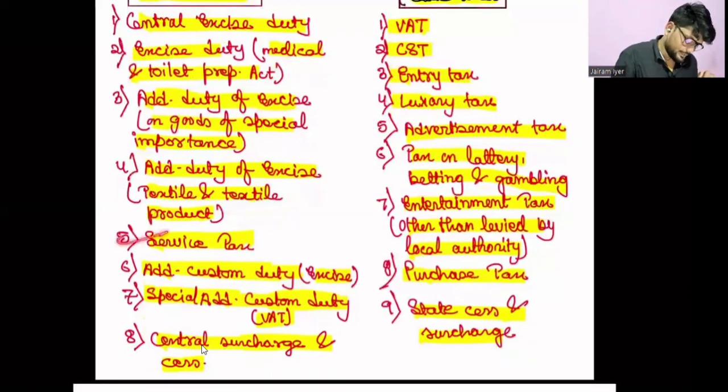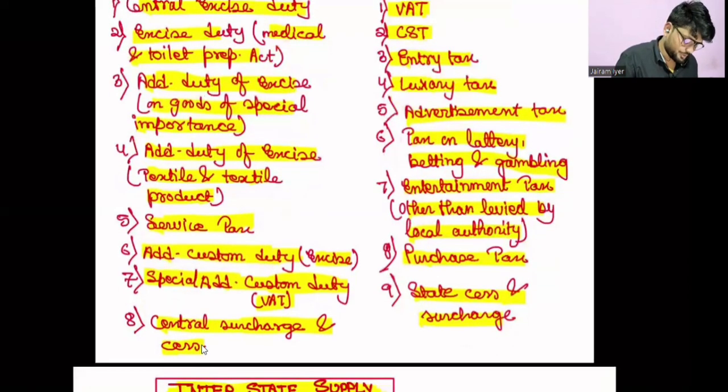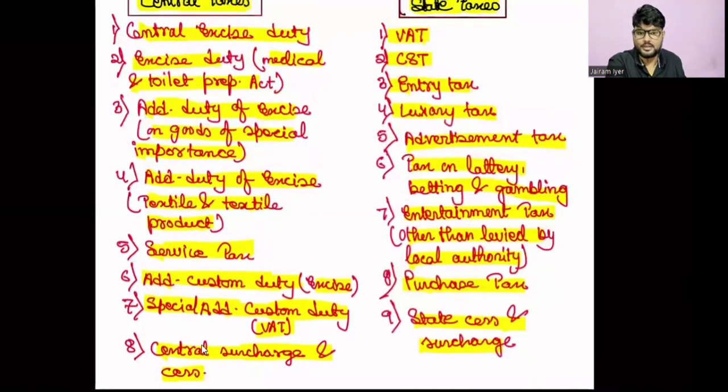Service tax, additional custom duty, that is excise, special additional custom duty. Why have I written VAT? Because it used to be in the same amount as VAT. When you discuss custom, you get everything. Central surcharge and cess. So these all are the 8 taxes that have been subsumed under GST from the center point of view.